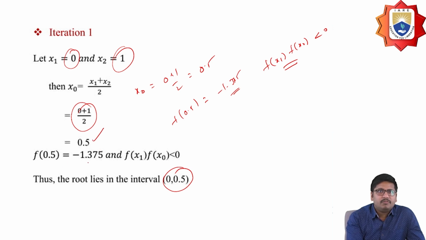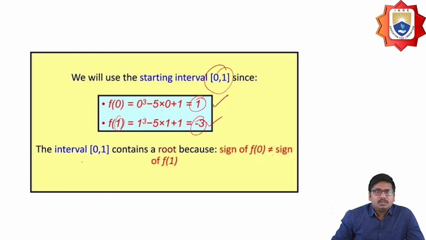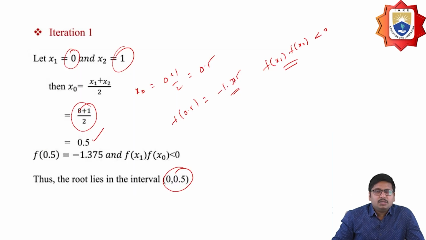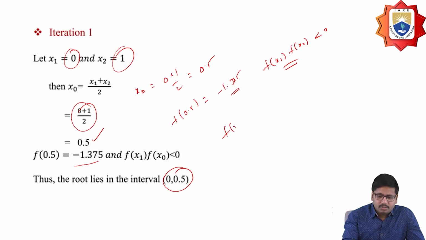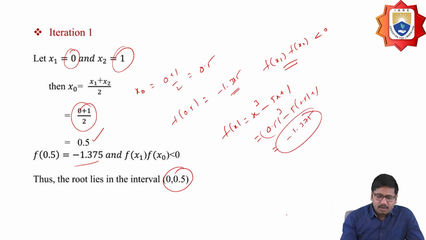By substituting this 0.5 in the equation f of x equals x cube minus 5x plus 1, I get minus 1.375. This is the f of x naught value.